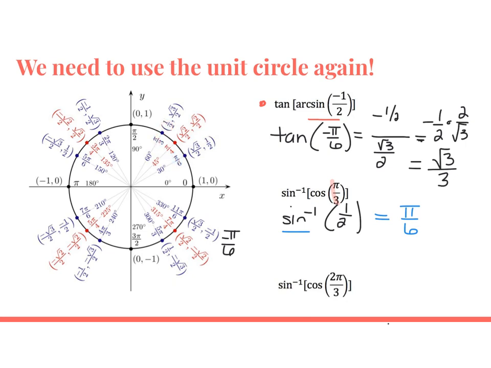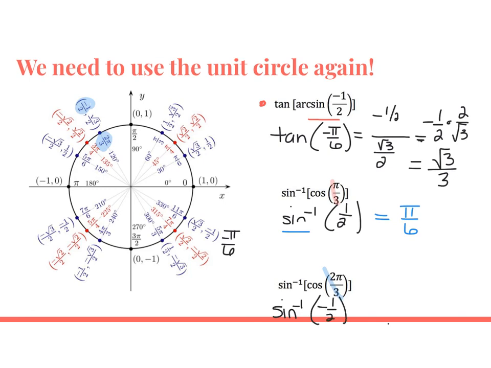Let's do one more example on this page. So we want to find cosine of 2 pi over 3. Again, cosine is the x value of 2 pi over 3. We're going to find the angle of 2 pi over 3. Cosine is our x value. So when we evaluate the brackets, we end up with an x value of negative 1/2.